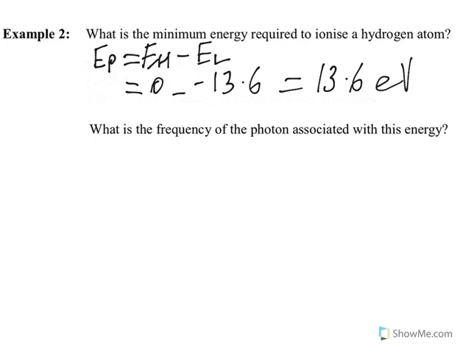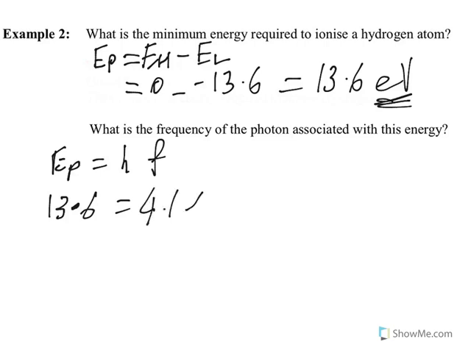Second part of the question asks you what frequency is involved. So the energy of the photon is also hf. And the energy of the photon is 13.6. It's a bit messy. Let's get rid of that and redo that. 13.6 equals h, Planck's constant, and because that's in eV, we need to use the eV version.